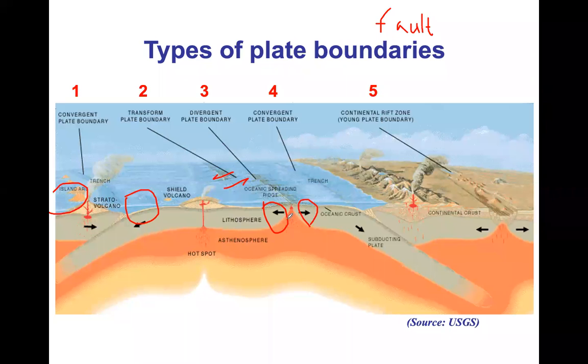And what is happening in such situations is special. Magma intrusion is happening, because when you are diverging two plates, you are creating an additional space somewhere here.